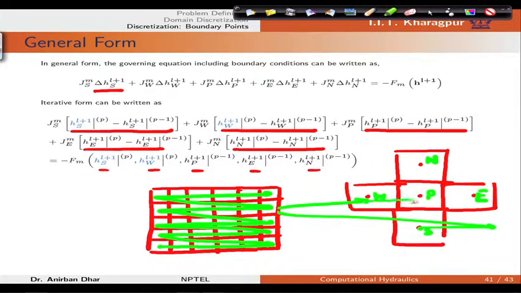So, for calculation of P, the values of S cell and W cell, these two, are already updated values available from the calculation process. So, I have marked these values as HS at L plus 1 and HW at L plus 1, at pth iteration. This is again at pth iteration, we have updated values available.